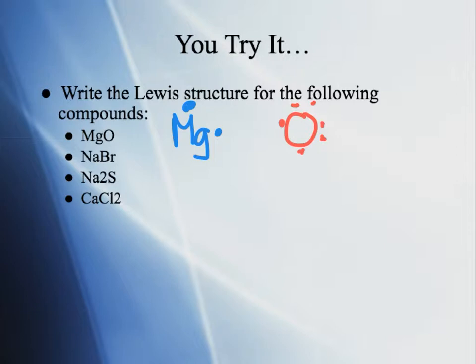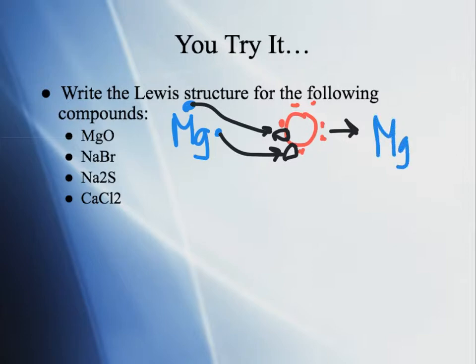You can see that there are 2 blank spots around oxygen that could be filled with valence electrons, and conveniently magnesium has 2 valence electrons to give or transfer. So those 2 valence electrons are going to go there, and we are going to end up with a Lewis dot structure that looks like this.